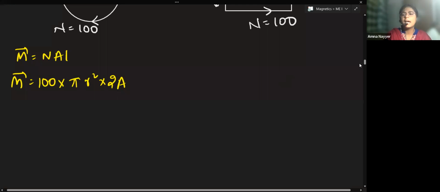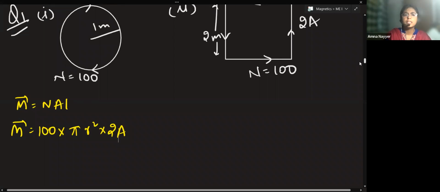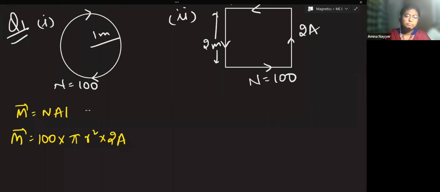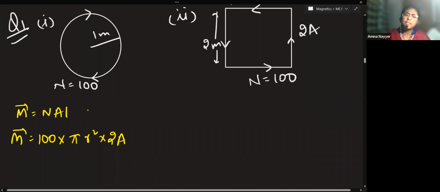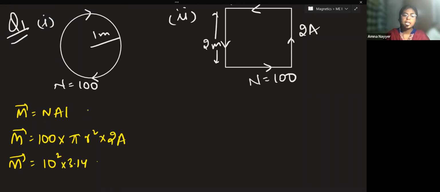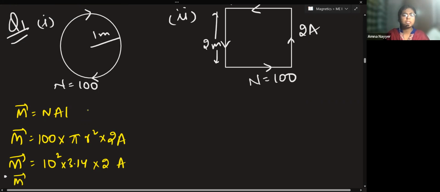Fine. So for pi r square, just write the value of pi, no need to simplify it. This is 10 to the power 2 into 3.14. Radius square will be 1 because radius is given as 1 meter, and 2 amperes. You can even solve it further. This becomes 6.28, that is 628.